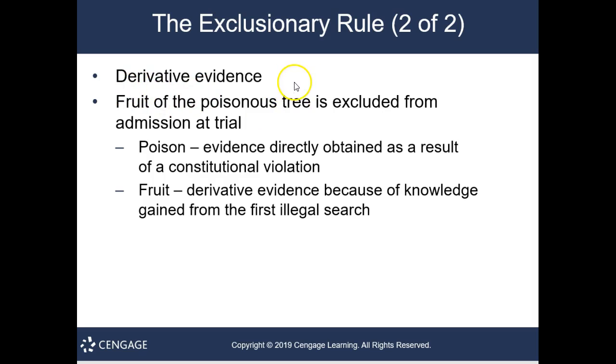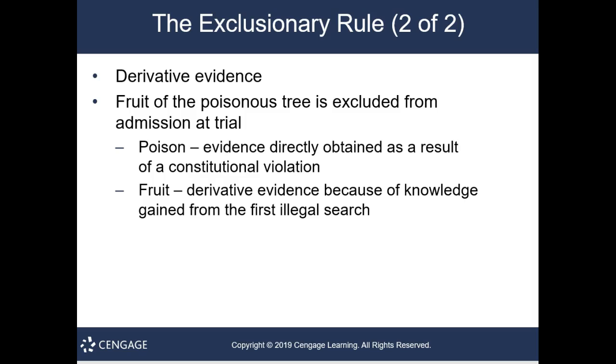So derivative evidence then is subject to this fruit of the poisonous tree doctrine, which says if your evidence is fruit from the illegal police activity, then that fruit, the derivative evidence, will be excluded also. So in essence, you can infect your entire investigation as a police department on a certain case by simply making one big mistake and illegally taking evidence that ends up taking you in many different directions, and you fill out this poisonous tree with evidence.